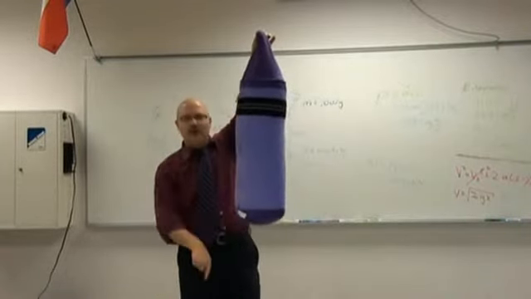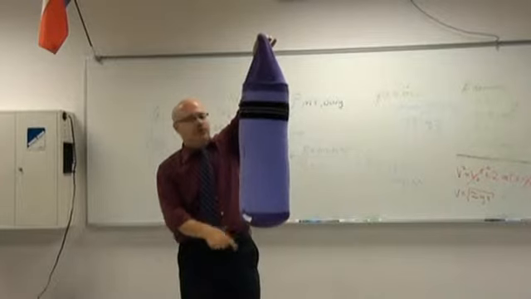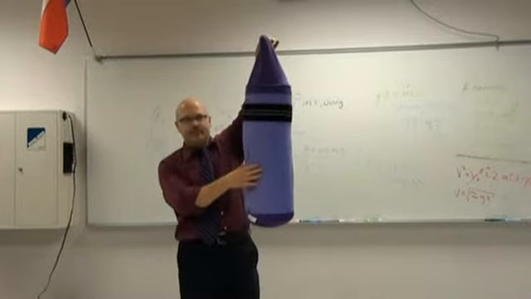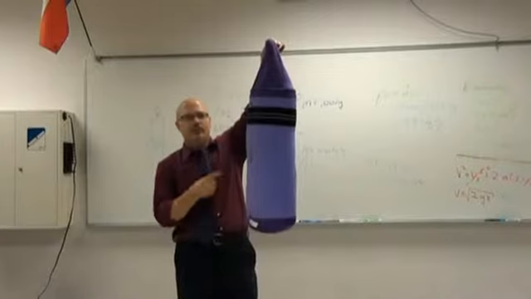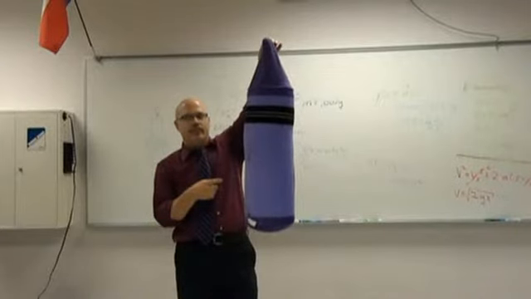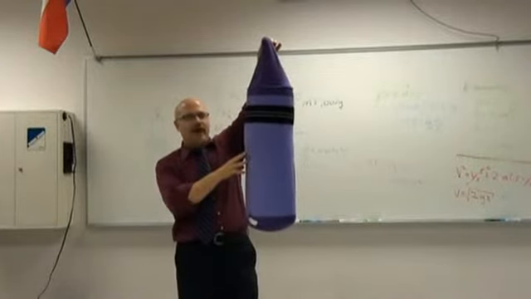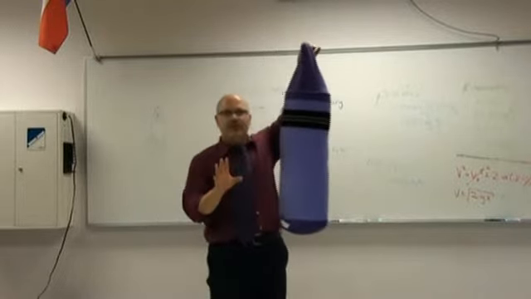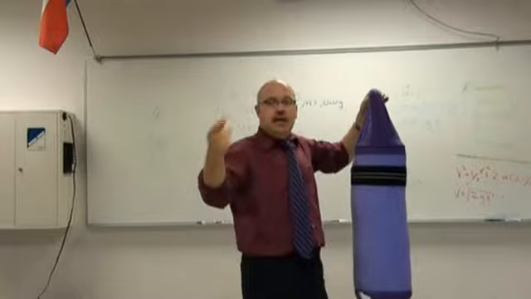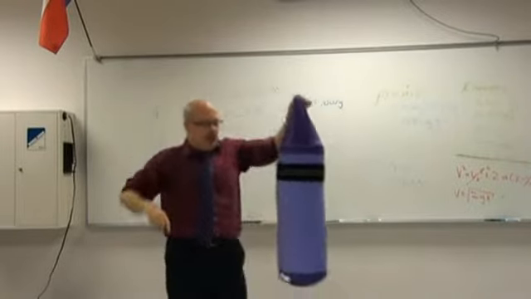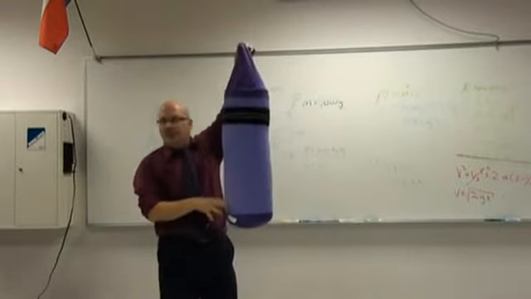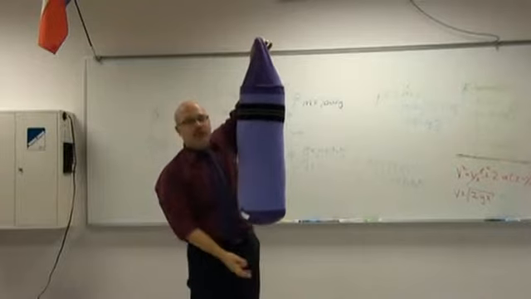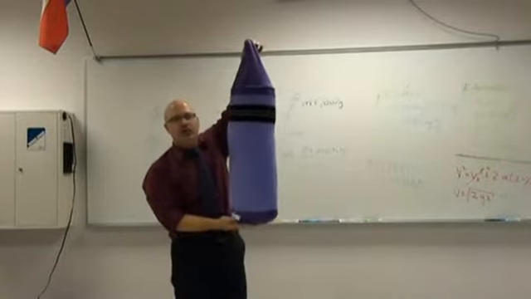So as it shoots out the bottom, the gas exerts a force on the rocket, making the rocket go up. And the rocket is pushing the gas downward. For every force, there is an equal but opposite direction force. So the rocket pushes the gas down, the gas pushes the rocket up.